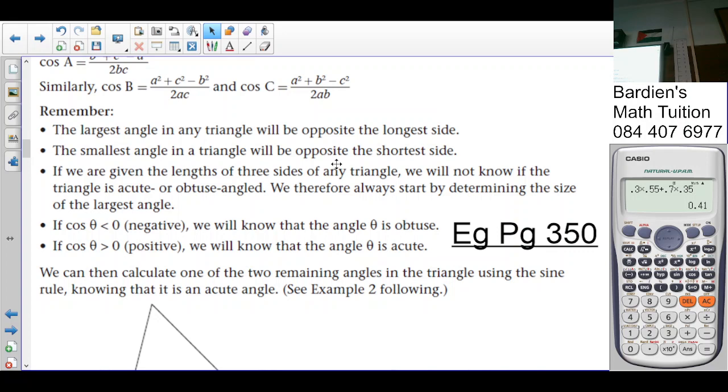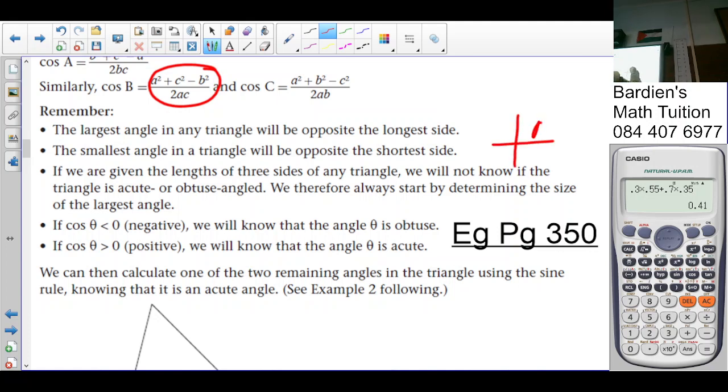If cos of theta is less than 0, which means once you work out this ratio and that number comes to be negative, then in which quadrant is cos negative? Second and third. But if I'm talking about a triangle, can it be in the third quadrant?